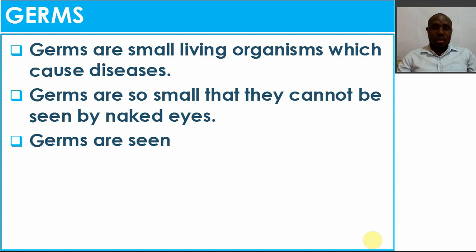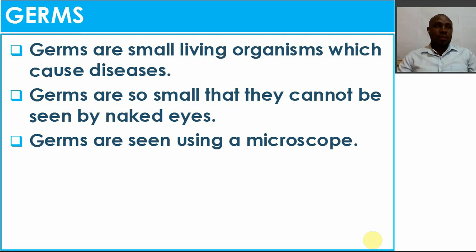If you want to see them, you have to use an instrument, a machine. It's called a microscope. A microscope is an instrument that is used to see tiny organisms that cannot be easily seen with our naked eyes.